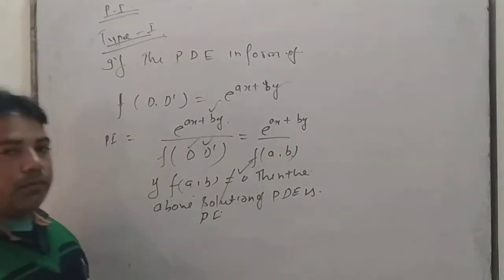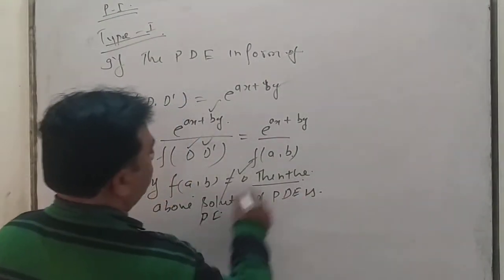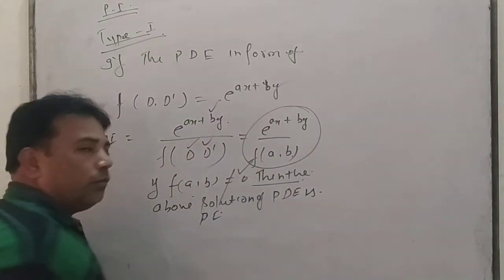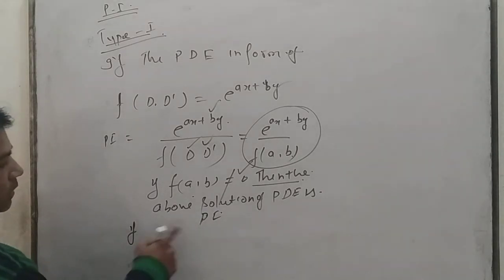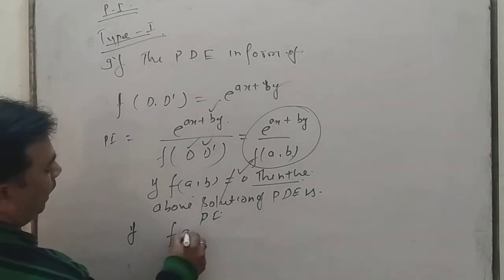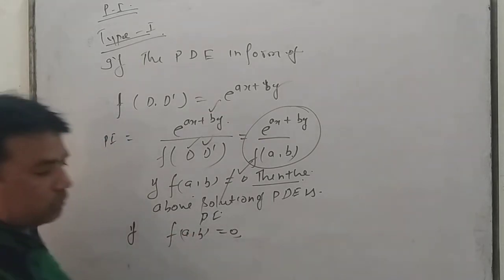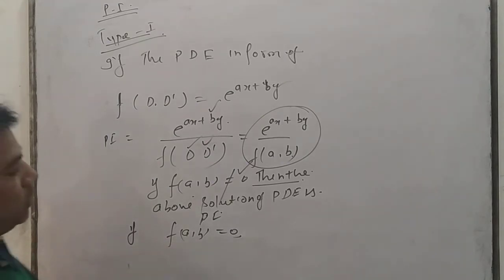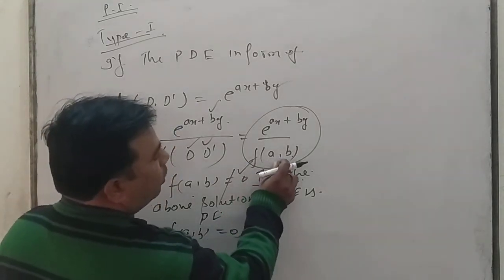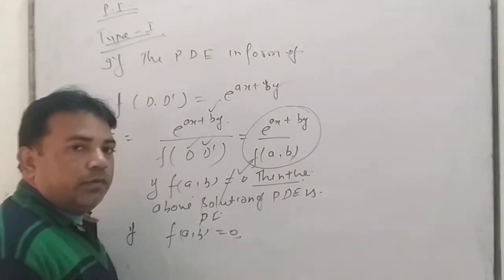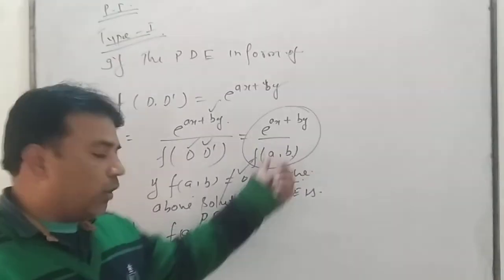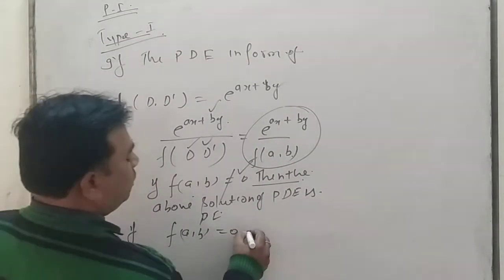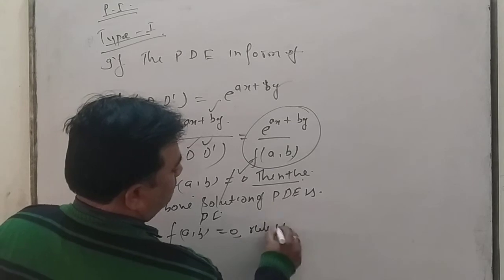If the denominator is 0, dividing by it gives an infinite answer, so it is not defined. So when f(a, b) equals 0, the rule fails.